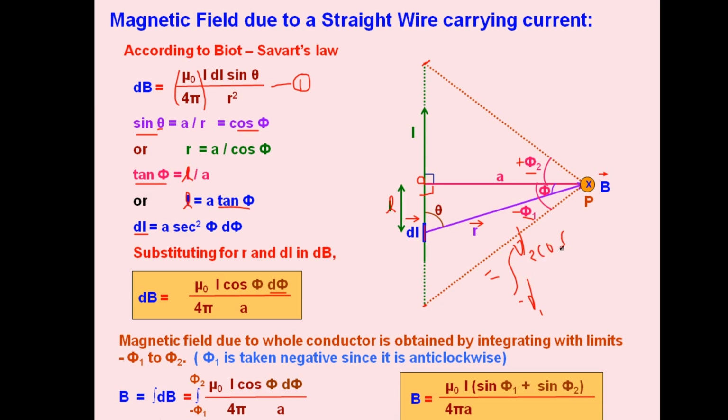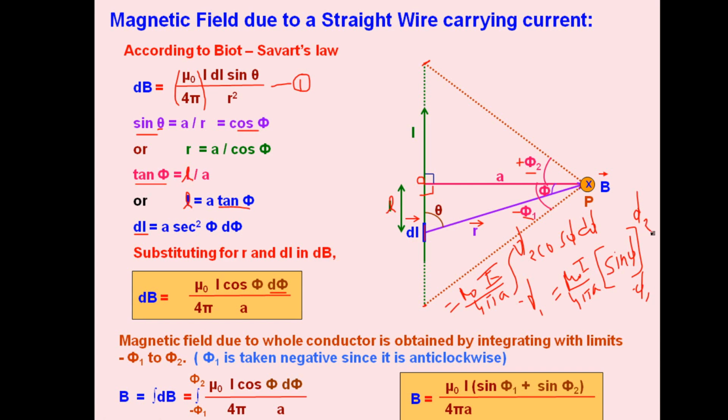Then solving it, we get mu naught I upon 4 pi a, and the integration of cos phi is sin phi. So this sin phi will have limits minus phi 1 to phi 2.